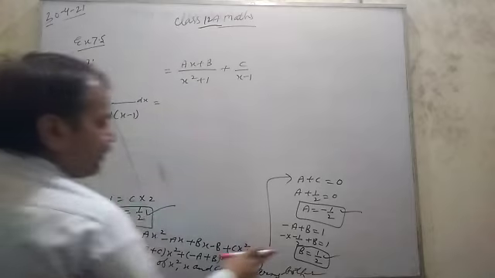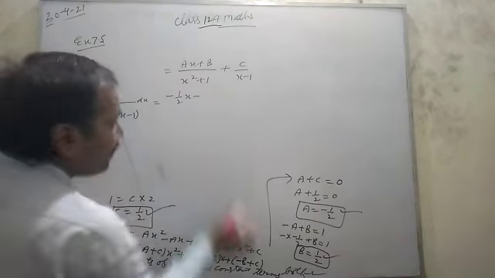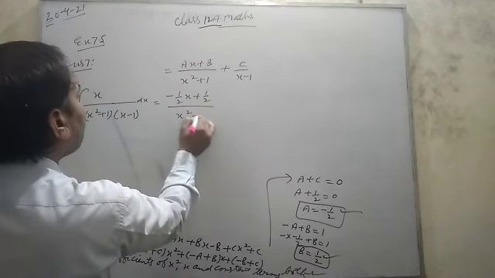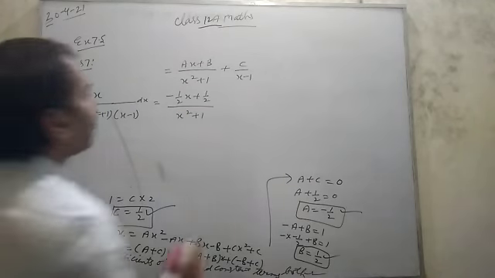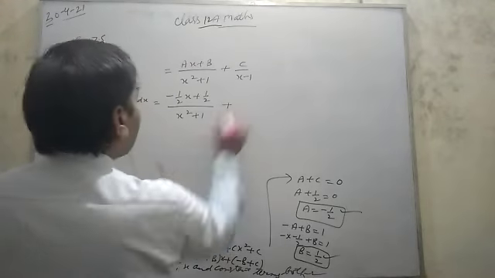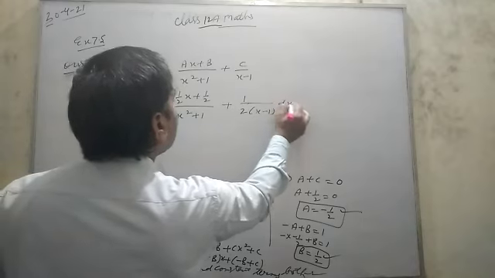So ax plus b, a means minus 1 by 2 x, b plus 1 by 2, upon x square plus 1. Okay. Plus c, 1 by 2, upon x minus 1 dx.